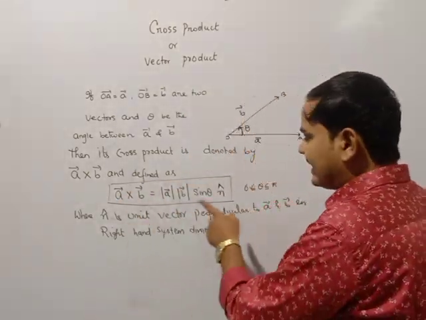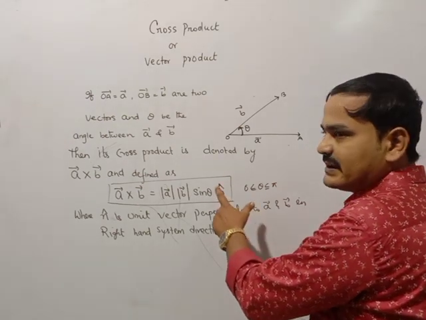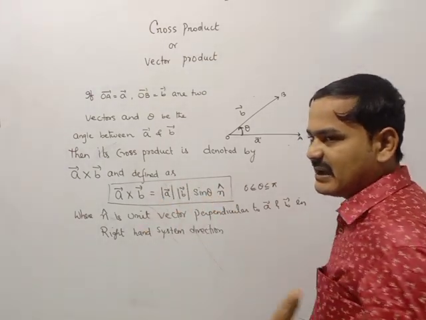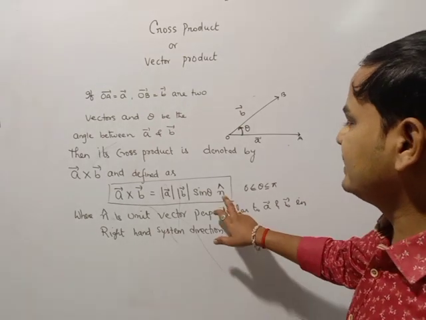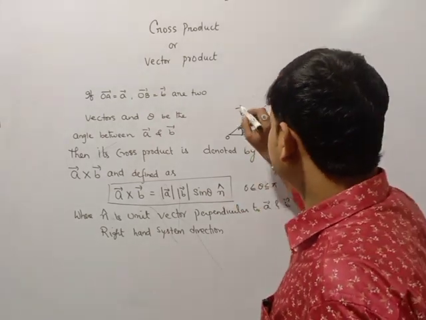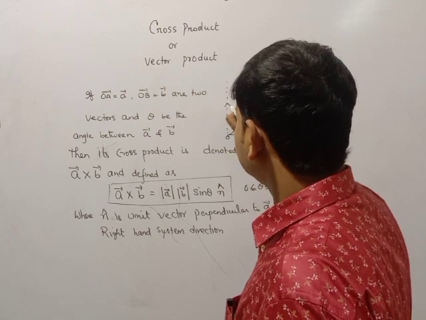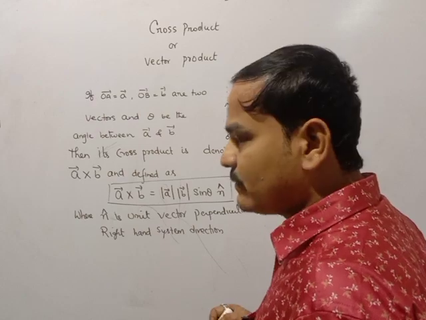For that direction you can multiply with n cap. N cap means unit vector. So multiplying by the unit number 1 with any number, it cannot be affected, and it will give the direction. So what is the meaning of n cap? It is the unit vector in the direction.